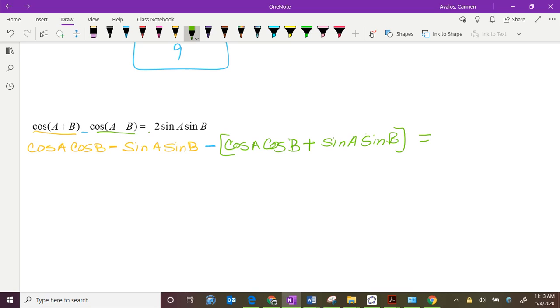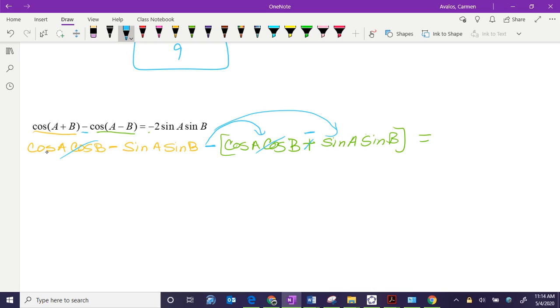So this is all on the left side. Notice this blue is going to be here and it's going to distribute there. That's a common mistake. People only give it to this term and not to the last term. Okay, so now we just get to combine. Here I have the cosine of A and the cosine of B. So I know that this here is going to be minus. So these two are going to cancel.